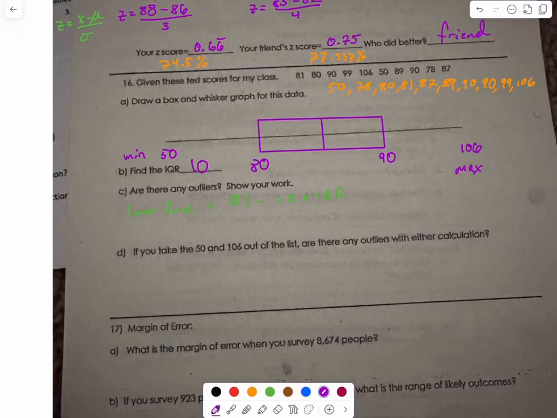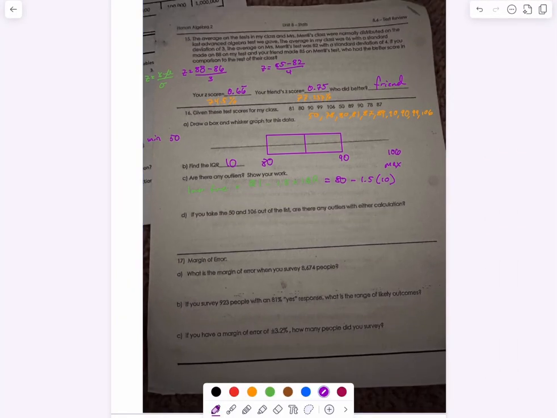So that should be 80 minus 1.5 times 10. So 15, 80, 70, 65. Okay, I think we're... So, with that being the case, I'm going to just move this. It looks like this.